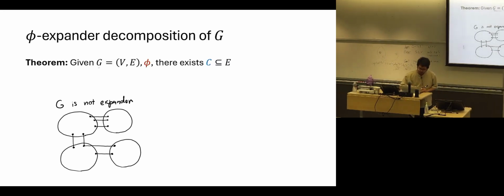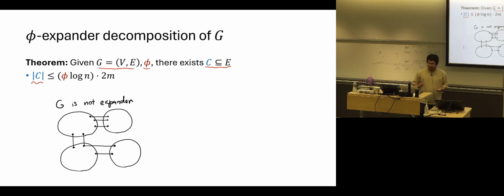Given any graph and parameter phi, there exists a set of cut edges C such that, first, this cut has size something like phi times m. Throughout the whole course, I will usually not be so careful about log n factors, although I will write them down when I talk about it.